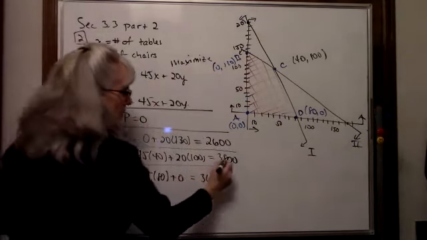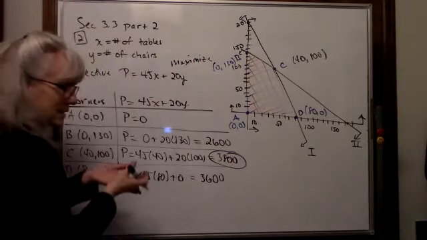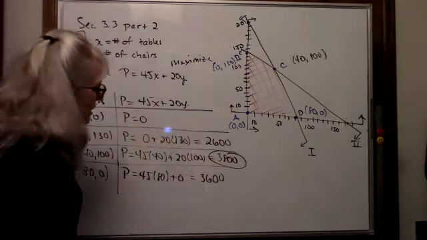So the maximum is sitting right here. And then I like a nice neat sentence. The homework puts the sentence in for you, you just have to fill in the blanks.